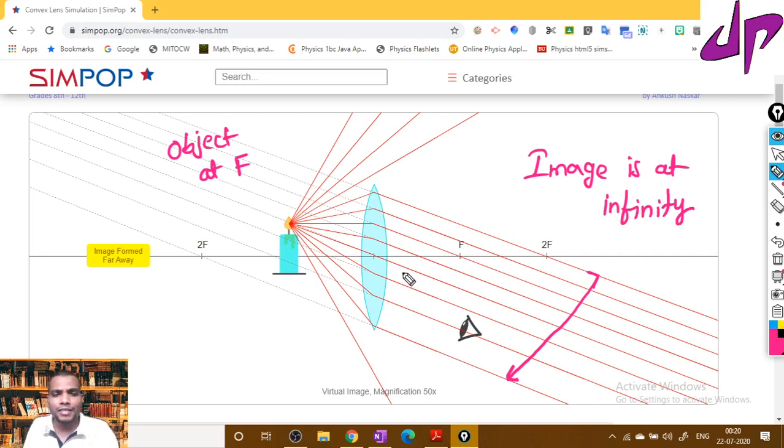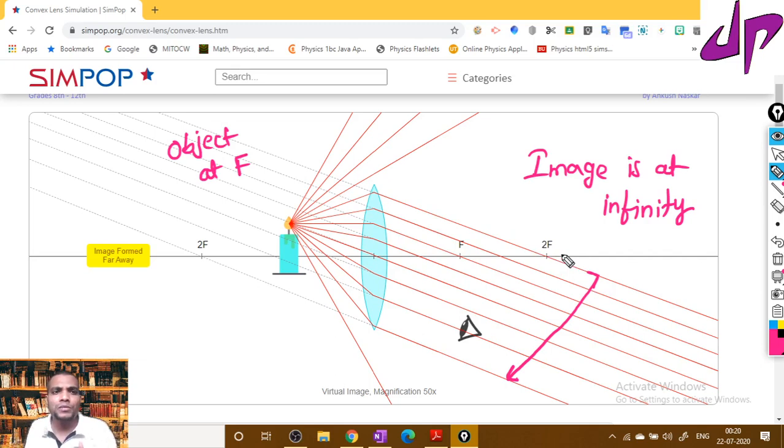Because all these light rays passing through the lens are parallel, they are not going to converge at all. They are expected to meet at infinity. So this is a hypothetical situation we can talk about.